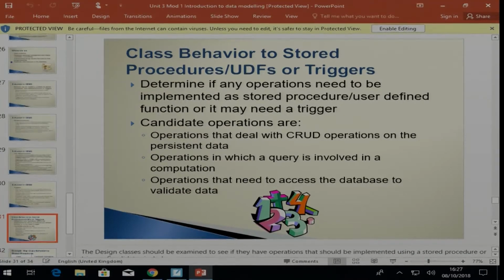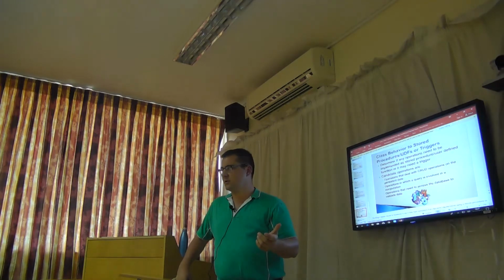We need to determine if any of our initial operations, our behavior, which I have in my class diagram, my sequence diagram, do I need to do it using either a stored procedure, a function, or a trigger? Now, if we have an operation that deals with CRUD operations, create, read, update, and deletion of my persistent data, then I might model that and might develop it as a stored procedure or a function or a user-defined function.